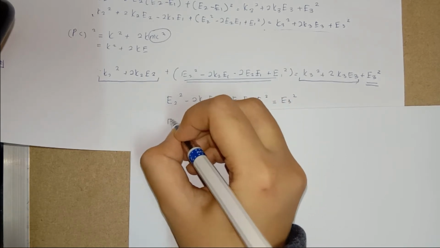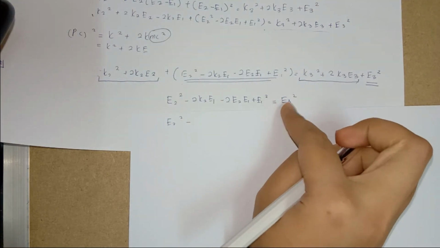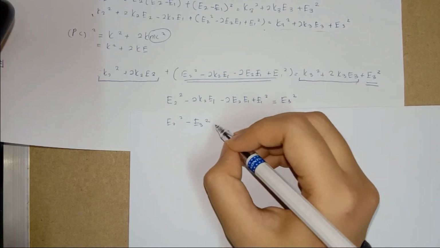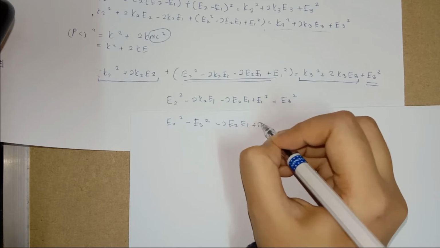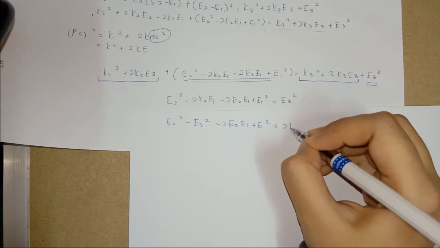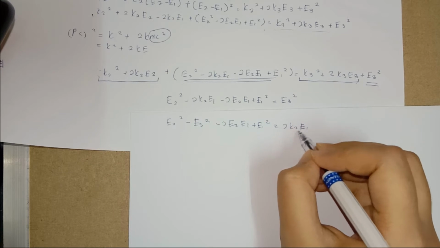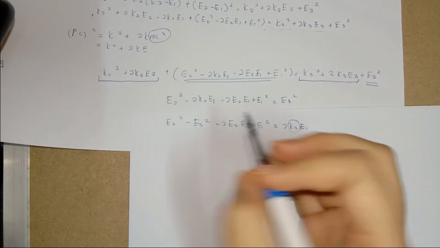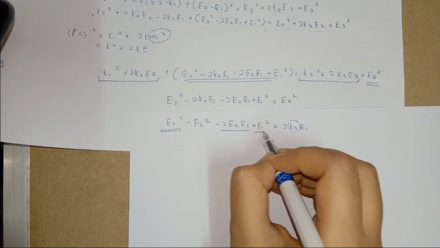Let's do it. E2 squared minus, you're going to put E3 here, E3 squared, minus 2E2E1 plus E1 squared equals, you're going to bring it to the right, 2K2E1. You want to prove K2, so okay, let's see this pattern here: E2, 2E2E1 and E1.